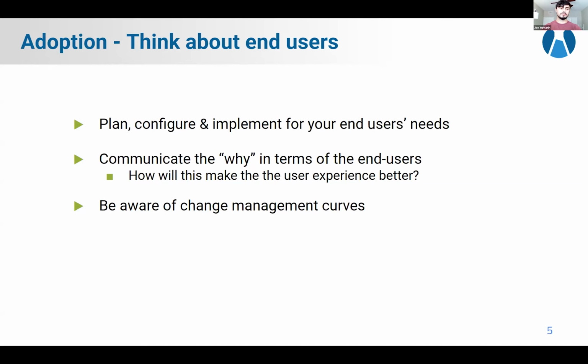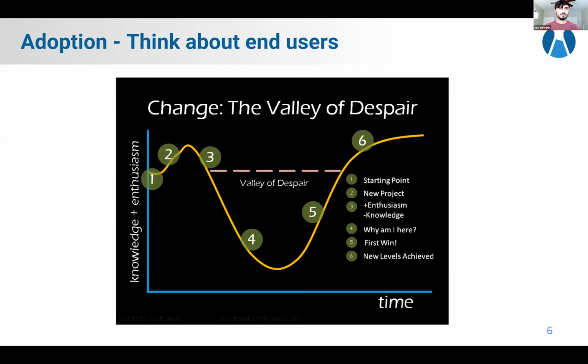Lastly, we always should be aware of change management curves. I don't know if you're all aware of this, if you've seen this Kubler-Ross change curve before, but as you can see, it depicts that people's knowledge and enthusiasm dips before rising towards the end of a project implementation process. In change management circles, this dip is somewhat humorously called the Valley of Despair.